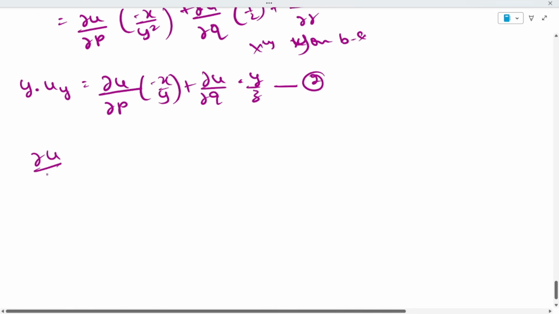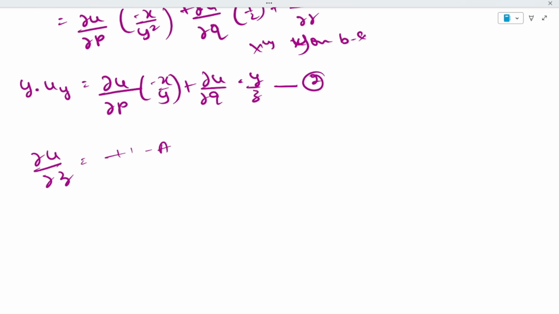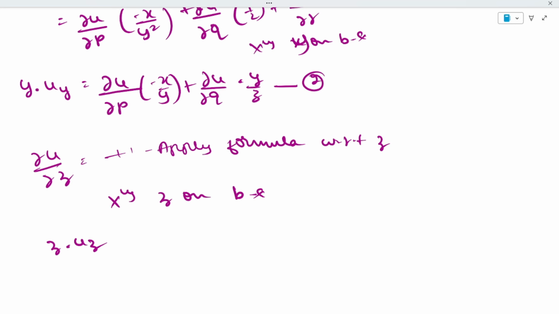for del u divided by del z also the formula will be the same. Apply the formula with respect to z. Now you will multiply z on both the sides, z into, with respect to z you are doing.